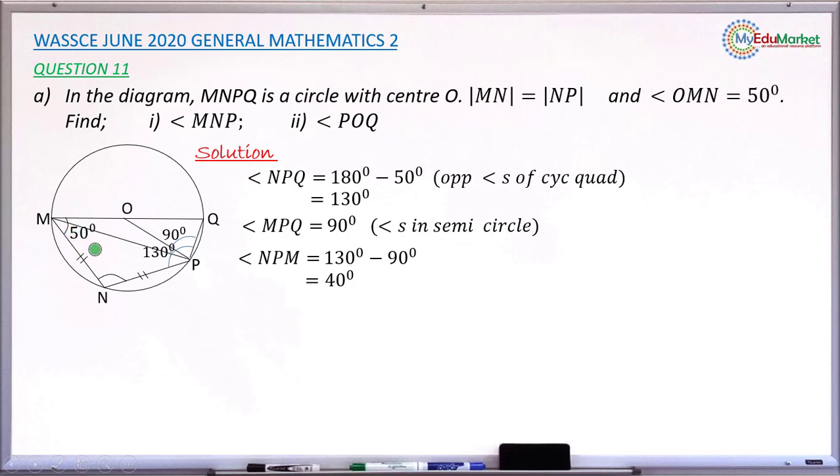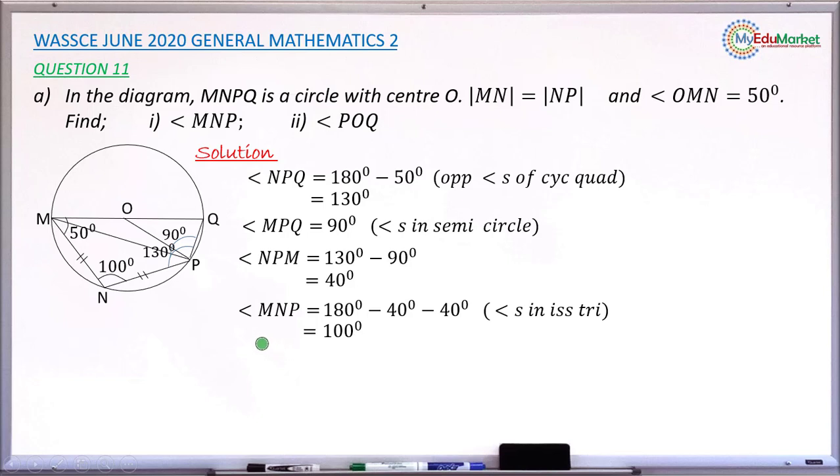So I can now use the sum of angles in this isosceles triangle to find the angle at N. So angle MNP, the one asked in Roman 1, will be equal to 180, the sum of angles in a triangle, minus the two base angles, 40 degrees each. And my reason is: sum of angles in an isosceles triangle. Subtracting this 80 from 180 will leave you with 100 degrees, and that will be the size of angle MNP. Let me mark it. So you're going to have 100 degrees. That answers the Roman 1 question.